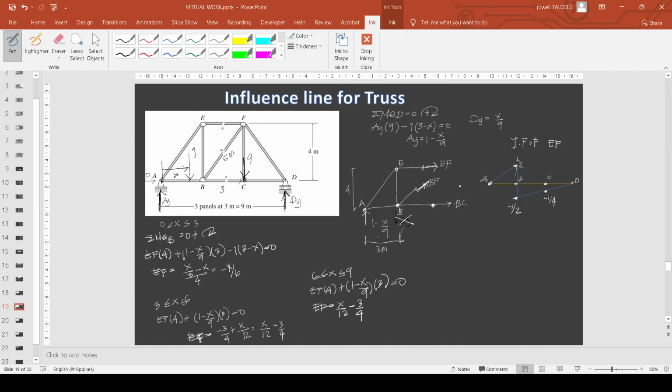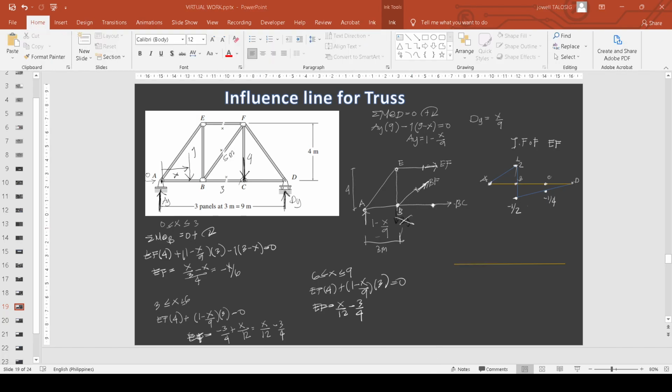So, this is how we solve for the influence line. So, I will let you solve for this segment BC. Okay? Okay, for you to practice this one. Okay, so let me show you the answer for the influence line for segment BC.